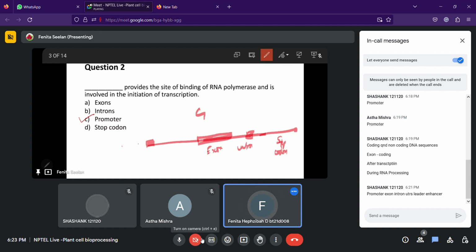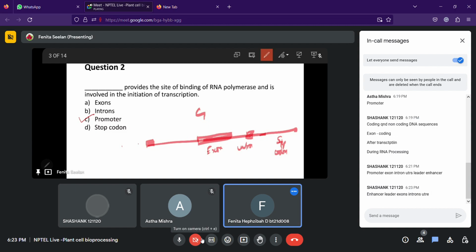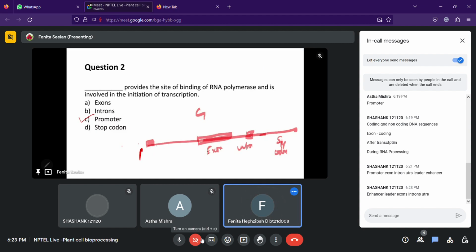After which, what will you keep? First is promoter, then your enhancer or silencer also we can. After which, what can we keep?